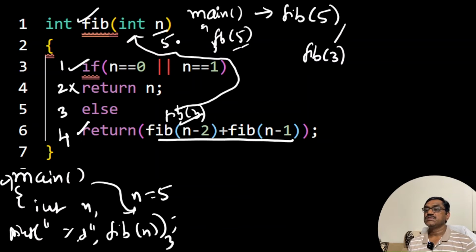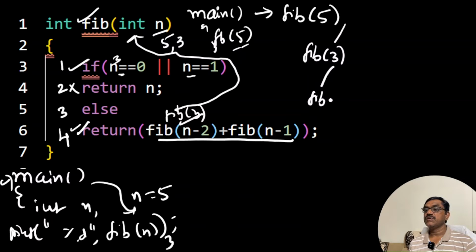Fib of 3. Now in this case we are going to take n value 3, fib of 3. Okay. Now we are going to check this condition: n value 3, here n is not equal to 0 and not equal to 1. Again the else part is executed. Now again, first I am talking about fib of n minus 2. Next we will go for fib of n minus 1. So carefully observe this. From fib of 5 we are going for fib of 3.